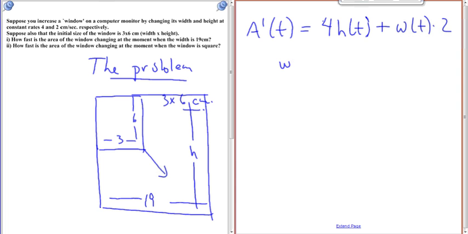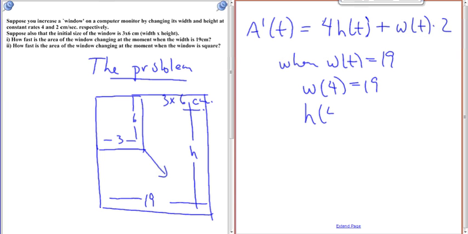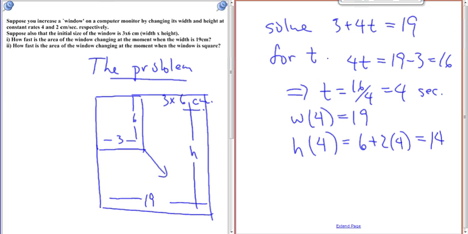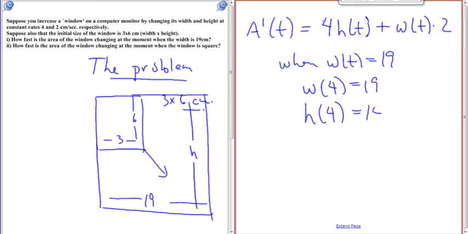So when w of t is 19, well, we know that that happens at 4 seconds. W of 4 is 19. H of 4 we found out to be 14.